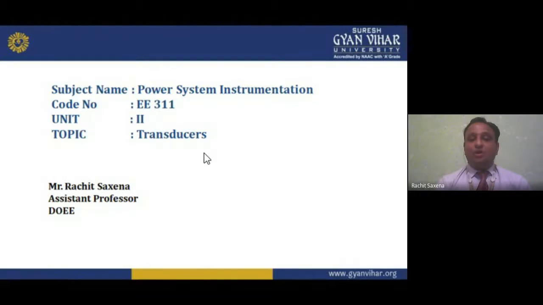Transducers are mainly of two types, primary and secondary. Primary does not need any external source, while secondary needs an external source.